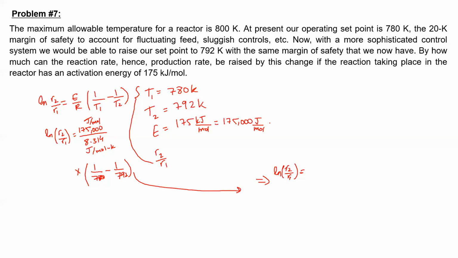This will give me about 0.4088. And if you take the exponential, R2 over R1 becomes 1.505. Okay, so your reaction rate is 1.5 times higher than your previous reaction rate.